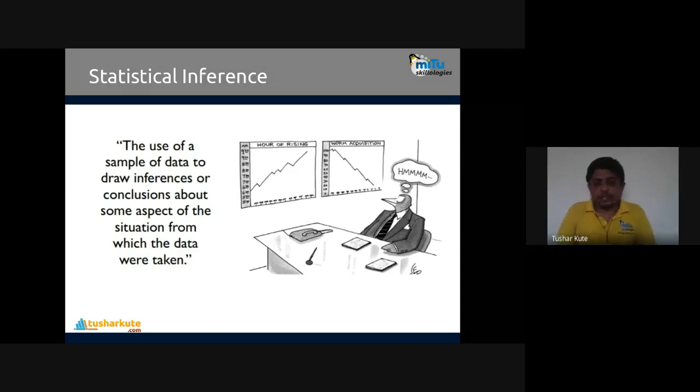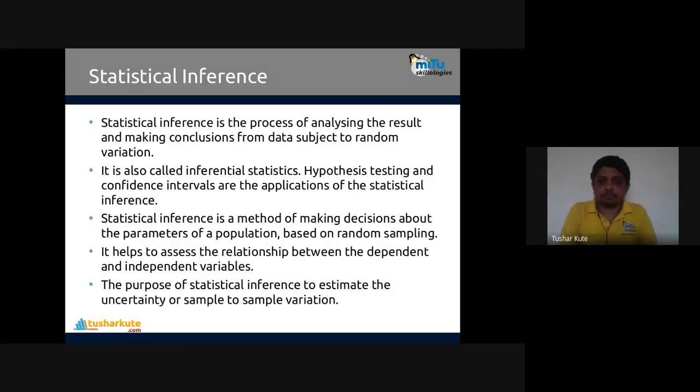We already saw inferential statistics. Let's go into detail and try to understand it. Statistical inference is the process of analyzing the result and making conclusions from data subject to random variations. We analyze the data, and based on this we find some conclusion.